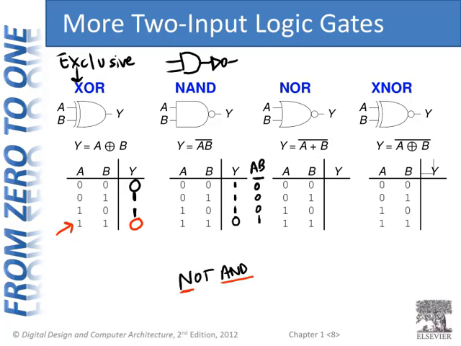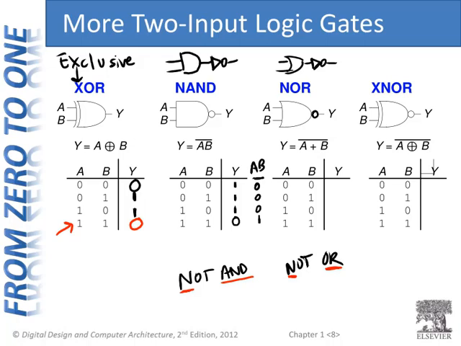NOR, same thing, in that it's an OR gate, not OR. So we have our OR gate followed by an inverter, shorthand with that. That inverter is shortened to just a bubble.